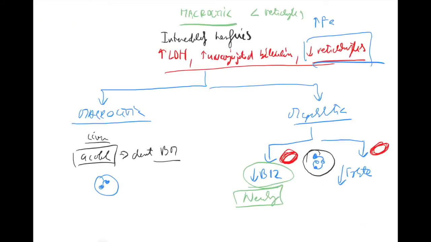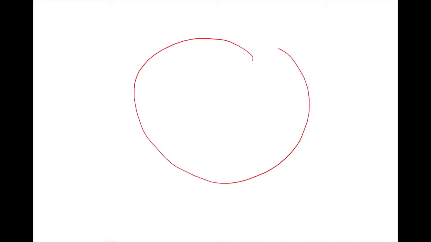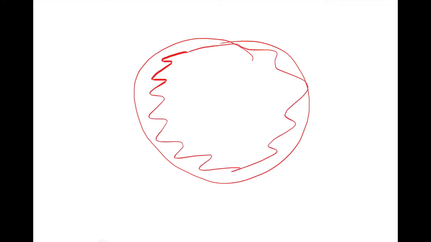And I'm going to jump very fast into hemolytic ones. In hemolysis, if we make an erythrocyte, hemolysis could be due to something bad within the erythrocyte.